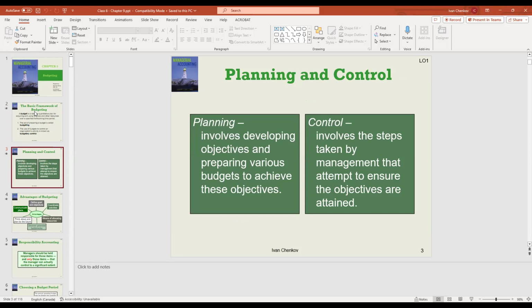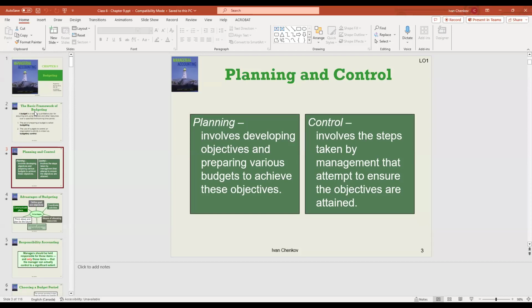Control is always involved in the process. So don't get scared when somebody says control, control, control. Control involves steps which are taken by you, or by the manager, for just one reason: to make sure that we can achieve our objectives.